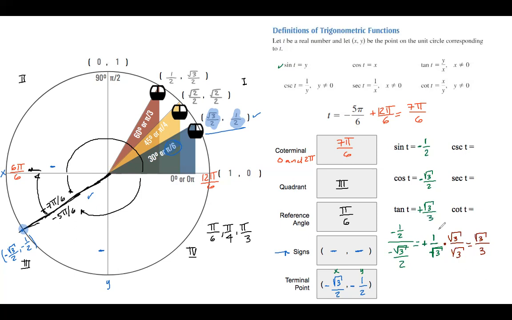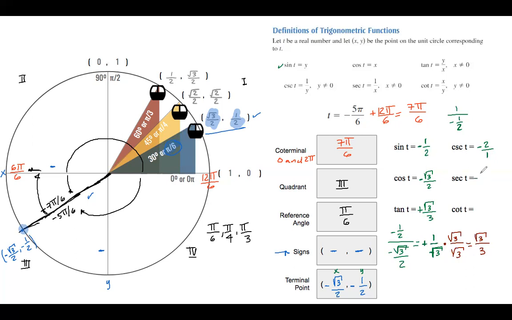To find the reciprocals, you have to divide 1 by y, or 1 by sine, to find cosecant. In this case, if you do 1 divided by minus 1/2, you're going to end up with minus 2, or minus 2 over 1. So in a way, you're just flipping your fraction over, and on the second one, you could flip it, but you're going to need to rationalize that answer.